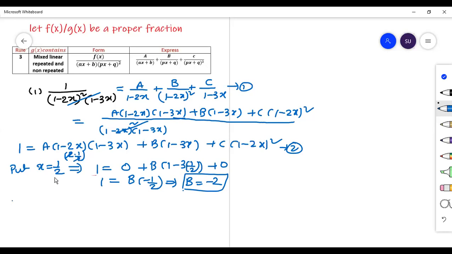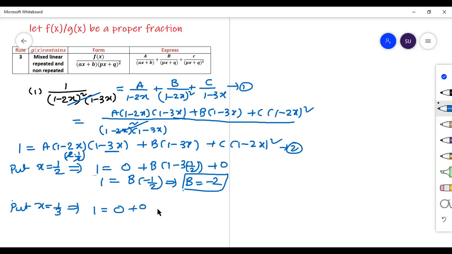Next, in the same way, if you put x is equal to 1 by 3, there is no logic, just substitute based on these expressions. If I put x is equal to 1 by 3, 1 is equal to right hand side: A into this becomes 0, 1 minus 3x becomes 0.